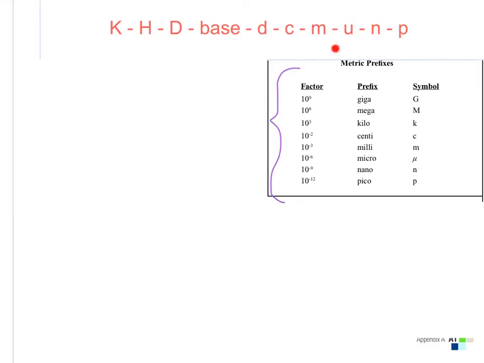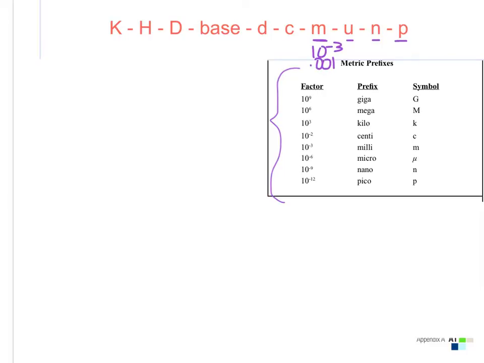And then you've got your metric prefixes in order, and all you have to do, since the metric unit is based on tens, is move your decimal place back and forth the number of jumps it takes to get from one prefix to another. One other comment about this has to do with these jumps at the end, micro, nano, and pico, because milli is 10 to the negative 3, or 0.001 of a meter.